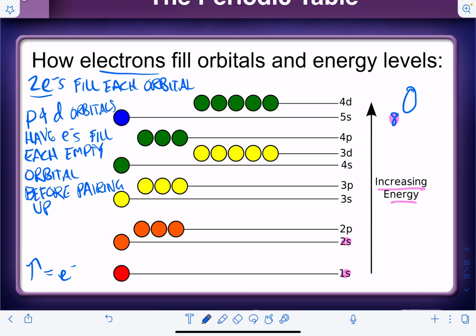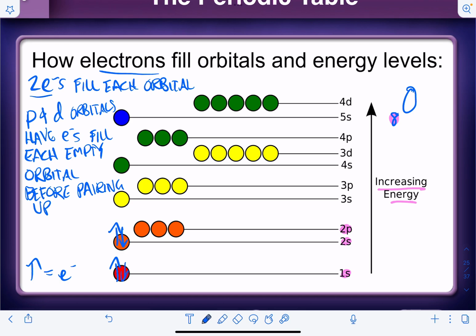And once again, I'm going to fill it in order of increasing energy. In the 1st energy level, I have 2 electrons. In the 2nd energy level, I have 2 electrons. Now notice I filled all of those orbitals, and I need to fill up the next energy level, which is 2p. And right now I used 4, so I have 4 more.